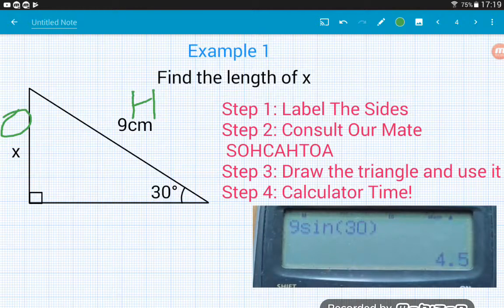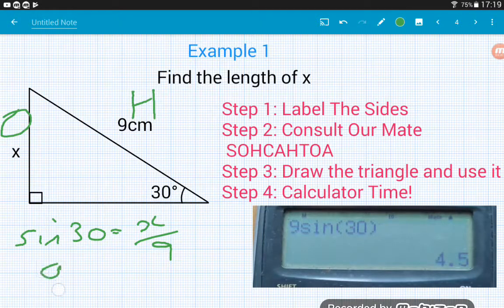So we could start off by writing straight away sine 30 equals x over 9, and then to get the x on its own we would multiply by the 9. So we'd get 9 sine 30 again is equal to x. The triangles just help us to cut out algebra. Doesn't matter which way around you do it. So dealer's choice, up to you.